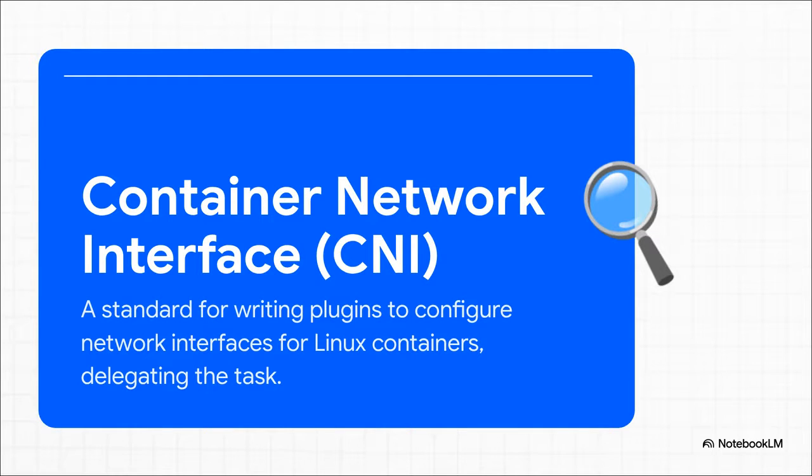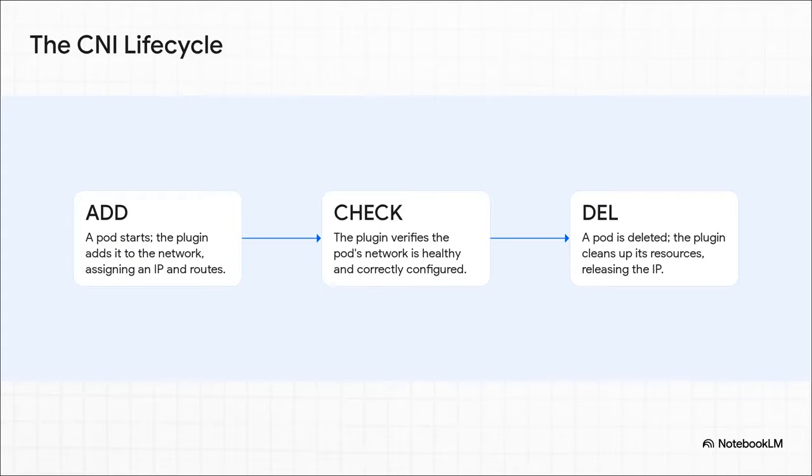This lets Kubernetes just hand off all the messy details, like assigning IPs, setting up routes, to these specialized plugins. It's just like having a standard USB port. You don't care about the brand of the keyboard, you just know it'll plug in and work. And the way it works is actually pretty elegant and simple. When a new pod spins up, the main Kubernetes agent on the node calls the CNI plugin with an add command.